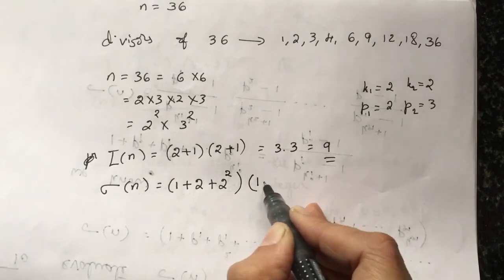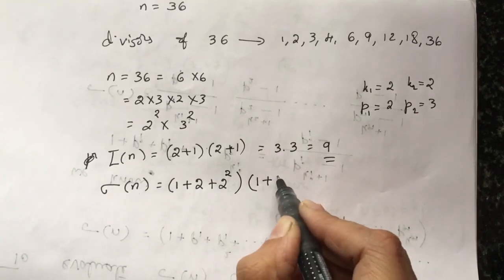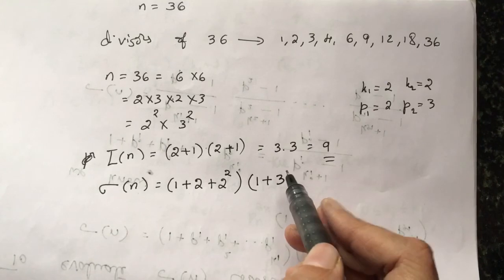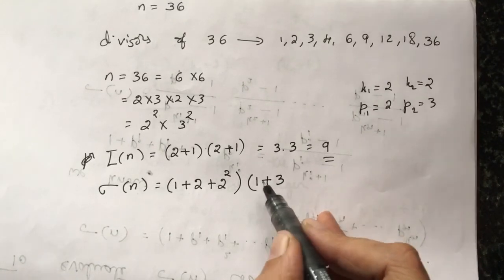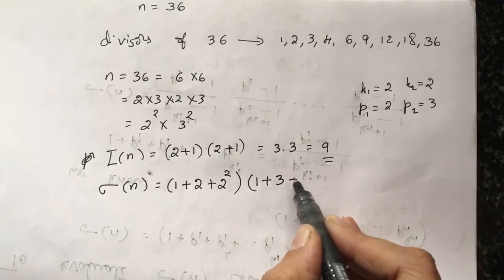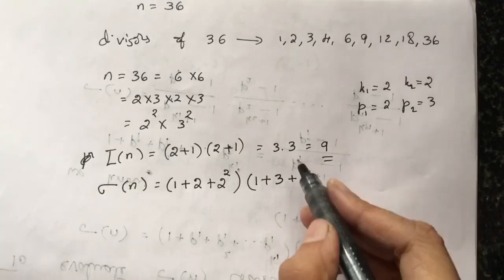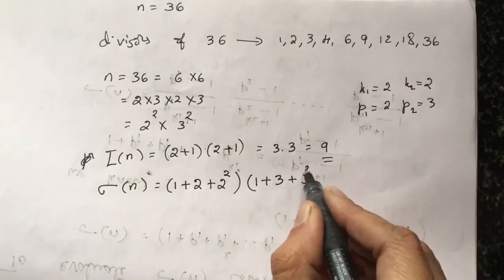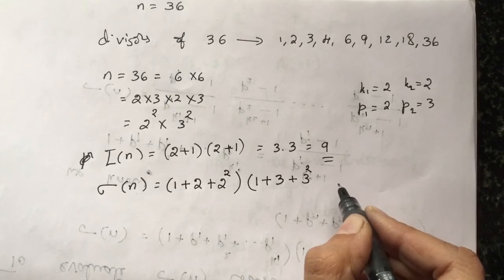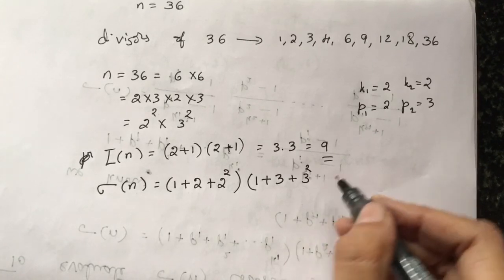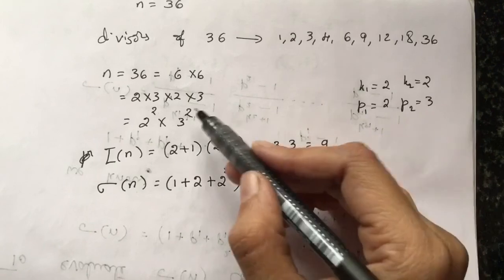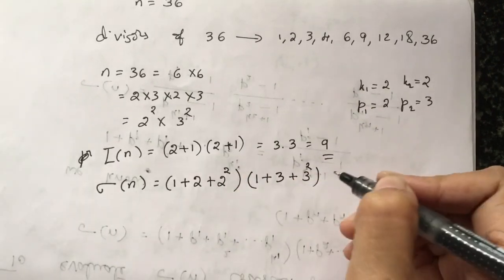Then again 1 plus p2, p2 is 3, the second prime, and I write 1 plus p2 plus p2 square, where p2 square is 3 square, up to p2 power k2. k2 is 2 only, so I'll just stop here.